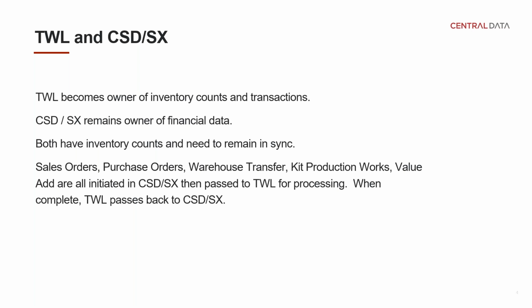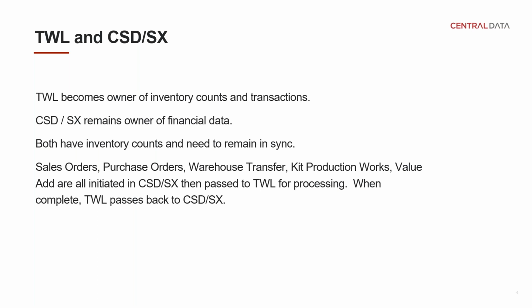So now that inventory is in TWL because TWL has its own set of tables for inventory. It's actually the table name inventory, has its own item records. So TWL has the inventory. It needs to know everything that comes in and out. And so it owns it and it feeds that information up to CSD or SX.